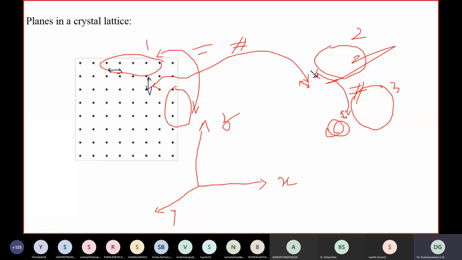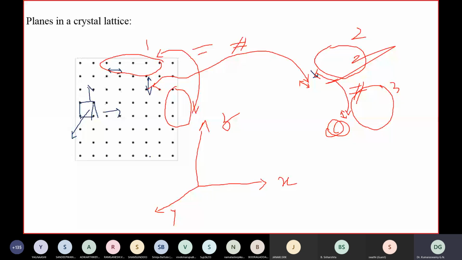The unit cell. Very good. Take a unit cell and go on generating this unit cell or extending it in different directions along X, Y, and Z directions. You get the same lattice. What is the other option?